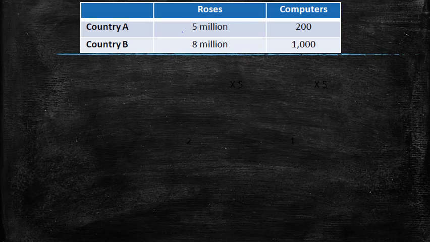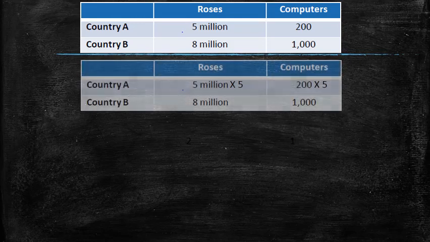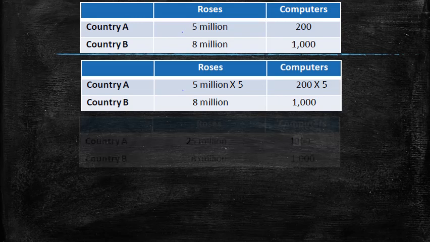Now let us look at what the theory of comparative advantage says. First of all, let's compare apples with apples. Let us bring 1000 in the column of computers for country A, so that in both country A and country B we have 1000 each. So we multiply both roses and computers by a factor of 5. This is just so that we can compare.